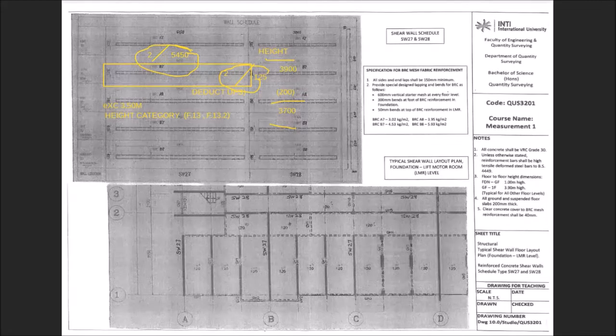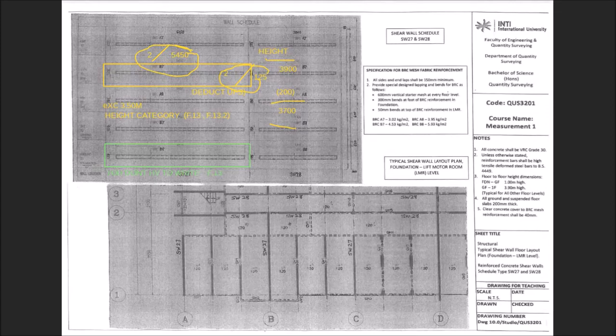For the last part, for the ground level, if you remember what we discussed just now, the height is only 800. So for this green color, you don't have to write the category as F.13.2. F.13.2 is only applicable when the height is more than 3.5.